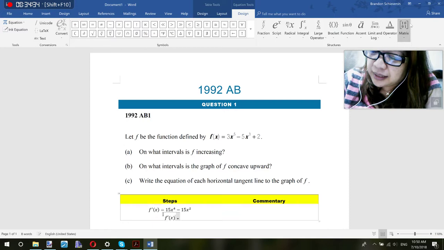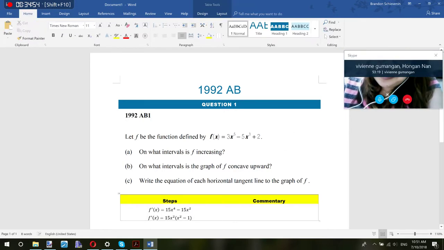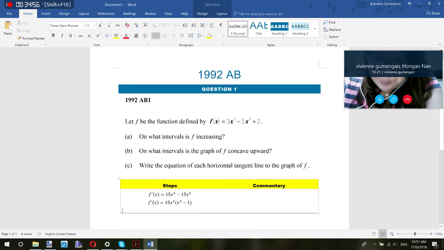So f prime of x is equal to what? So I have values of x is 0. Okay, I think you're a step ahead of me, but you're right.